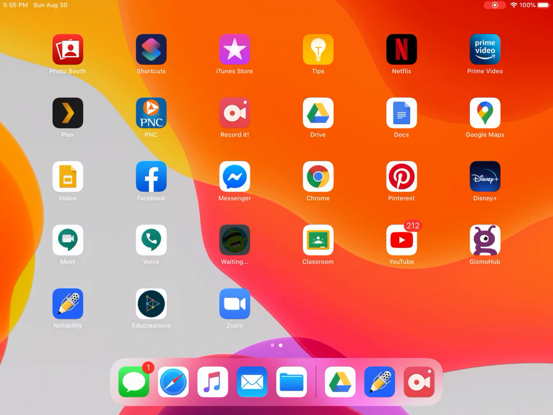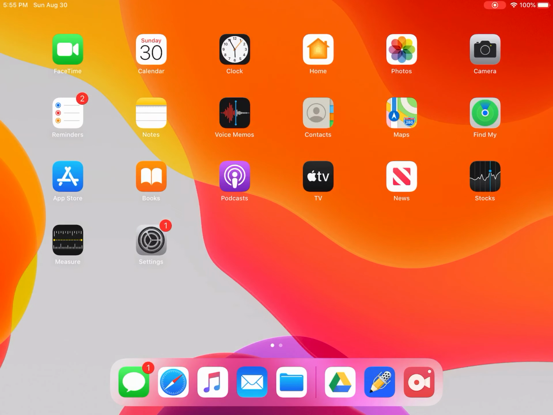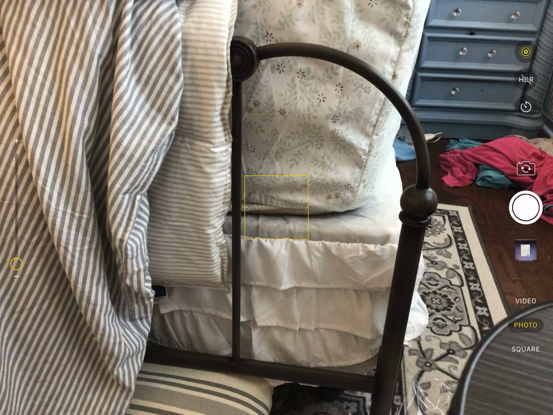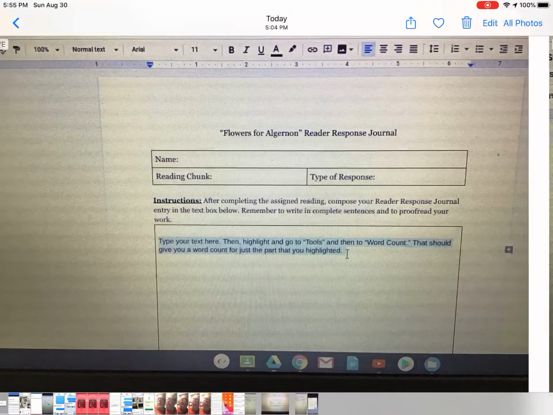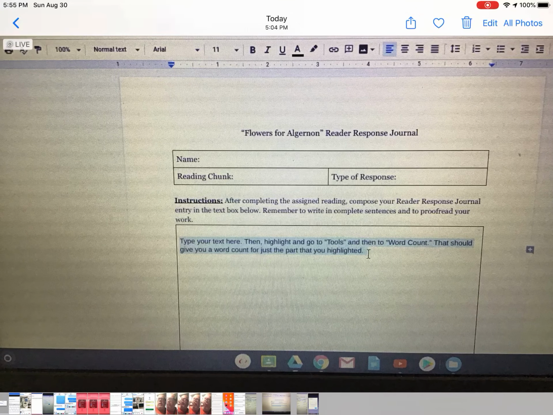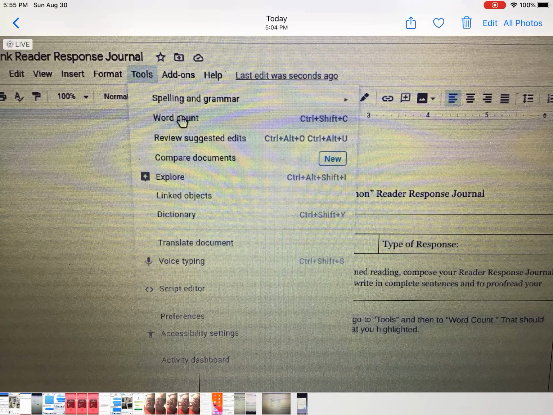Now, if you want to know how to check your word count, all you have to do is highlight the portion of the text that you want to check the word count for. Then you go to Tools and you go to Word Count.